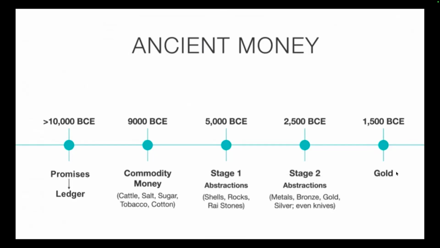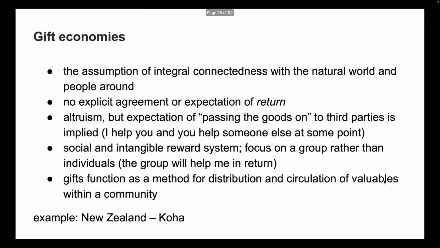And then 1,500 years before Christ, we started using gold. We settled that gold is a very universal means of exchange. It's abstract, and it has certain properties that are really good for using it as a means of exchange. So we settled for gold being the gold standard quite a long time ago, 3,500 years ago.